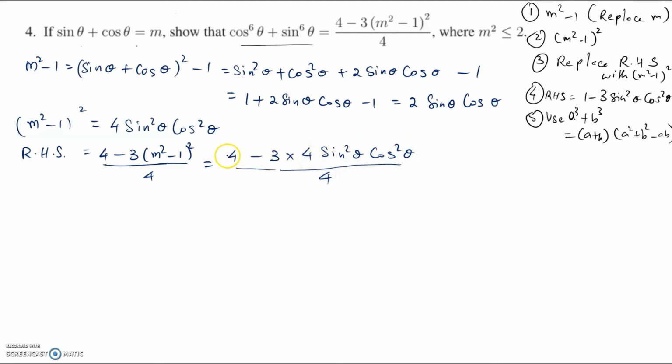If we take the 4 out, then we can cancel it with the denominator 4. So you will end up with 1 minus 3 sine squared theta cos squared theta.